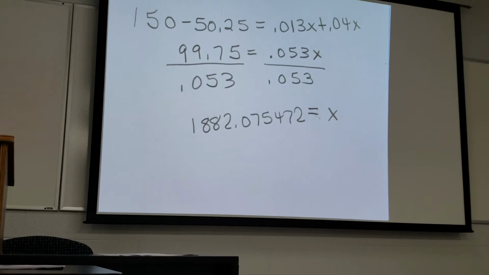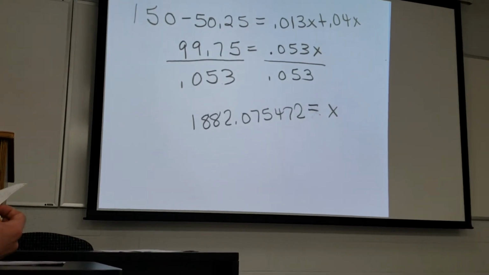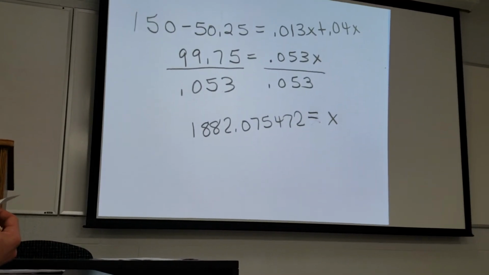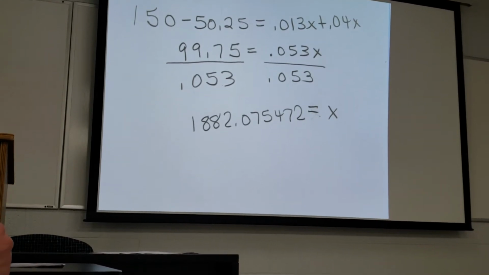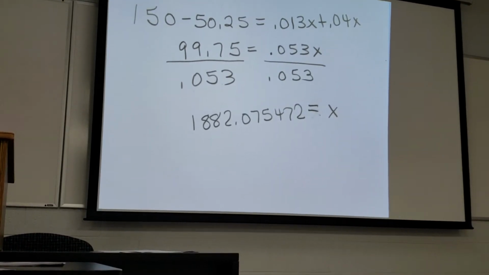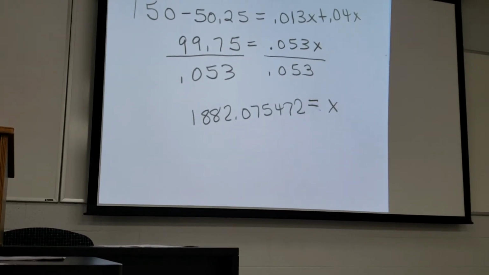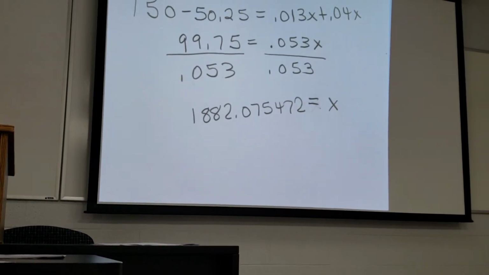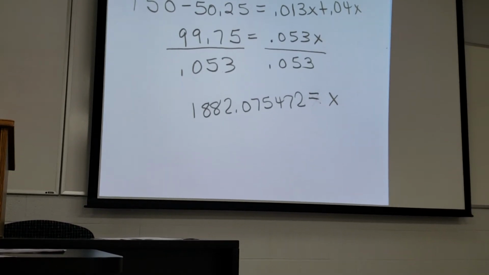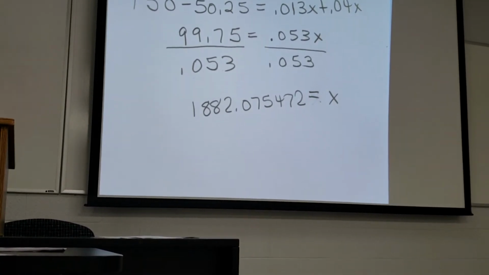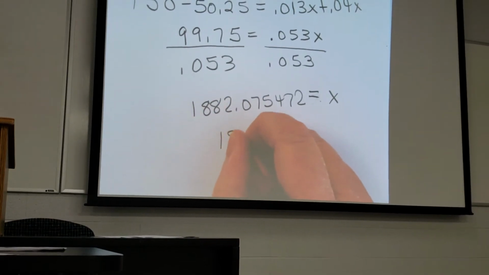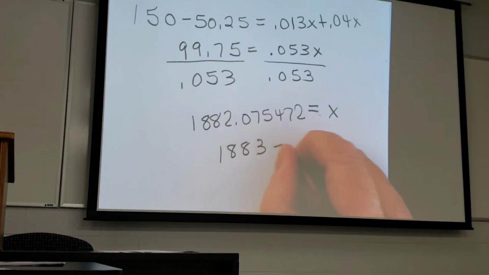And I want supply equal to demand. So either I gotta leave that number the way it is or add 1. Now, if I was breaking even, there's no question I'd add that 1. So it won't be exactly 0, but it'd be very, very close. So I'm gonna make this 1,883. And that's equal to x.